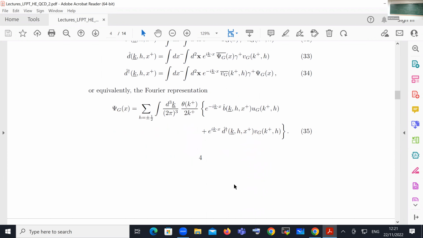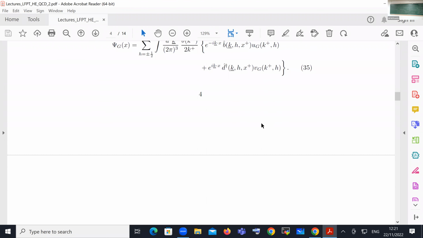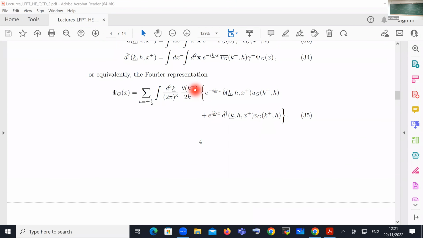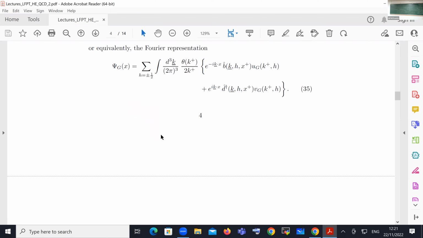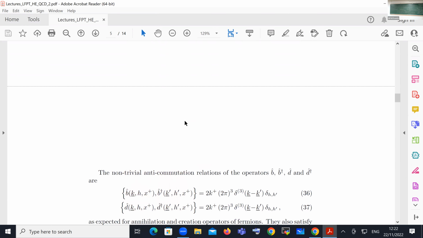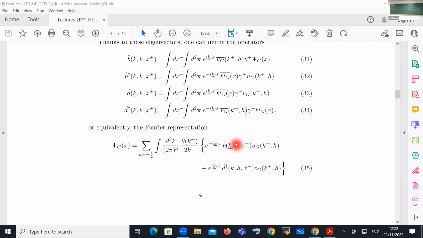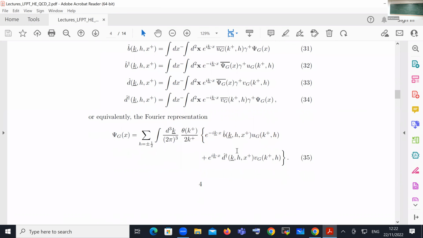Here it starts to look really familiar. Using the commutation relation I was writing before for the psi good and its conjugate, we can also check that we have two non-trivial anti-commutation relations, and the other one will be trivial. So really this b and d correspond to annihilation and creation operators for basically fermions and anti-fermions as usual.